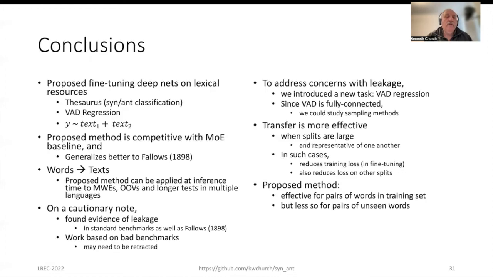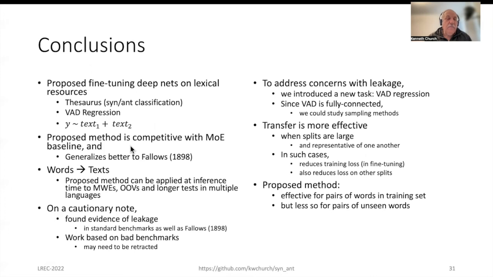We proposed a fine-tuning of deep nets on lexical resources. We looked at a thesaurus, and we also looked at VAD regression. Both of them use the same equation, but in one case, y is a categorical variable. It's either a synonym or an antonym. In the other case, y is in R3, actually it's a distance defined over points in R3.